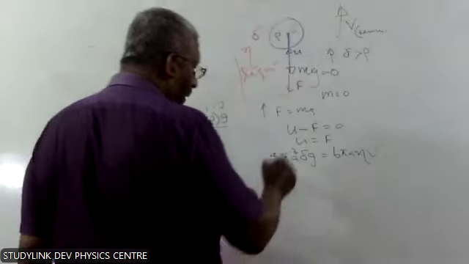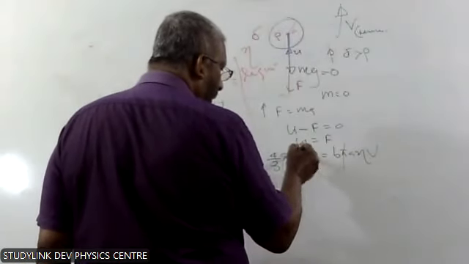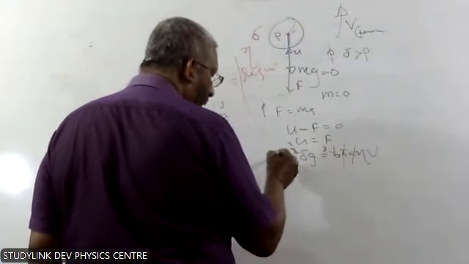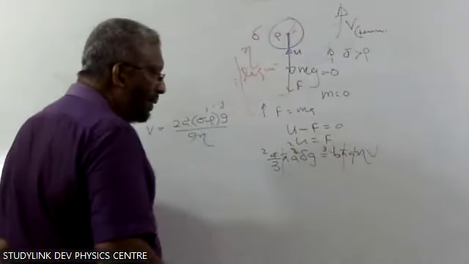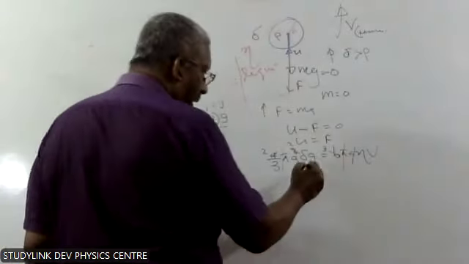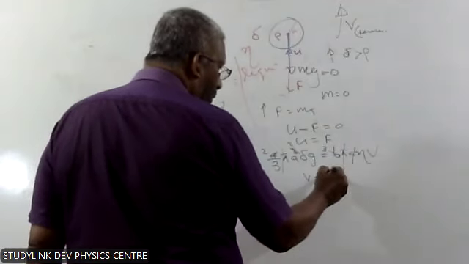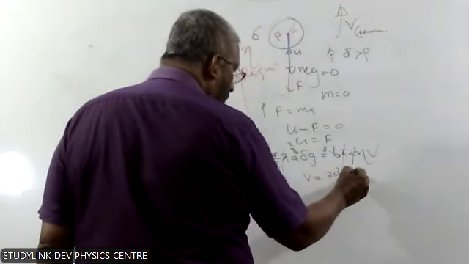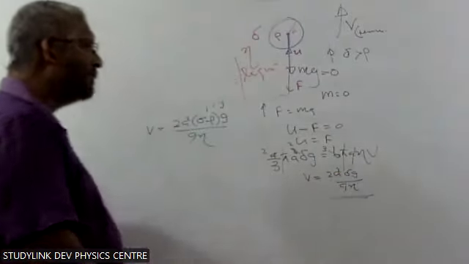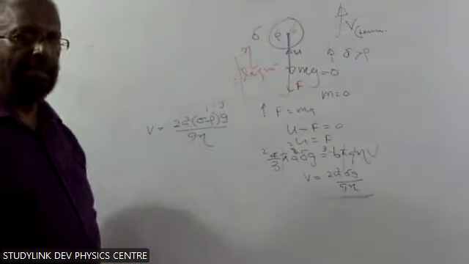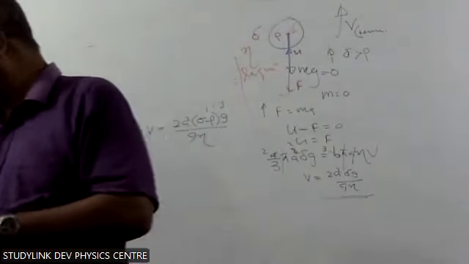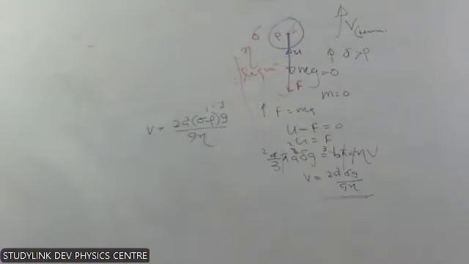From this, pi cancels off, one a cancels off, then dividing by 2, that is 3, this is 2. Got it now? Then directly v is equal to 2a squared sigma g divided by 9 eta. Like that, a small equation comes. There are some situations, according to that, you have to do the question.